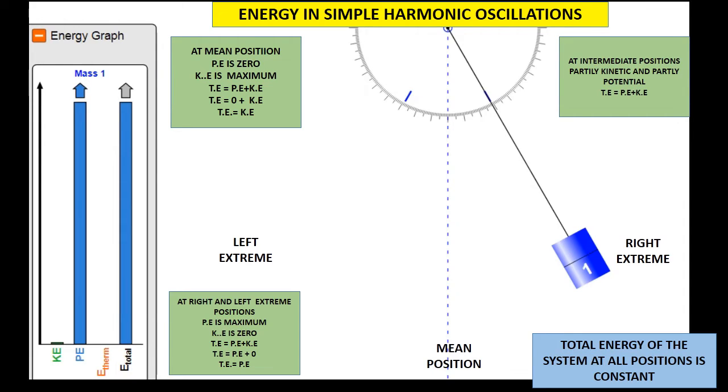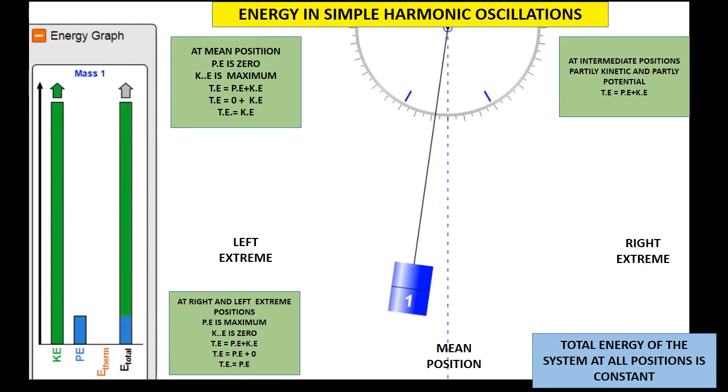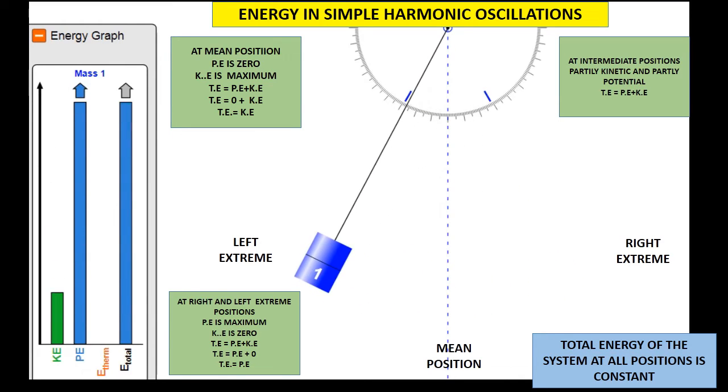Now I am going to oscillate the pendulum further, and when it is oscillating, I am going to bring the bob to the right extreme. Look at that. Look at here.